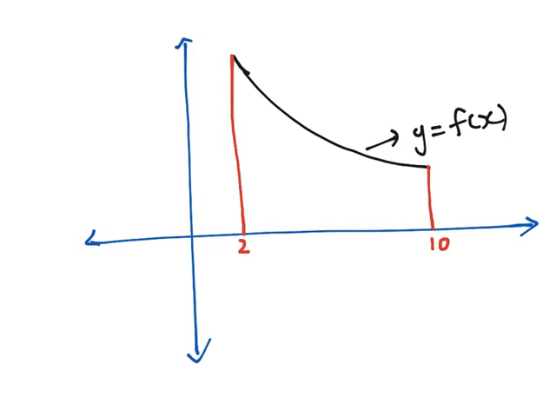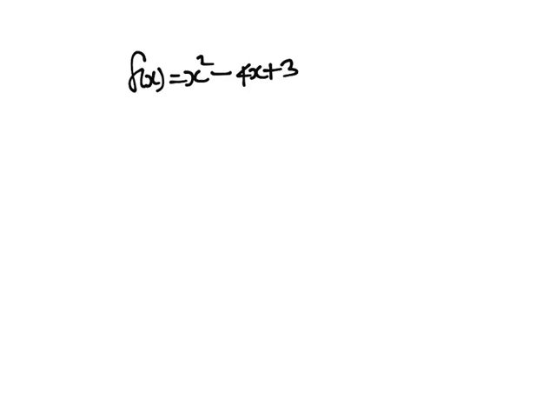Okay, let me consider this function. Look at this problem, x square minus 4x plus 3. Now I'm going to find out, without actually drawing the graph, in which interval this function is increasing or decreasing. So first I'll find f dash of x, which is nothing but 2x minus 4.